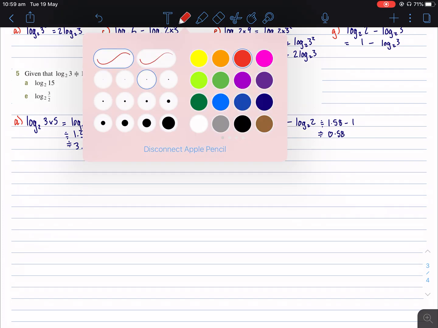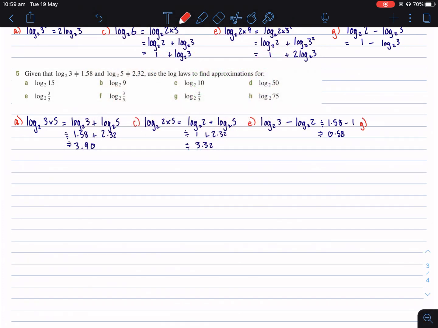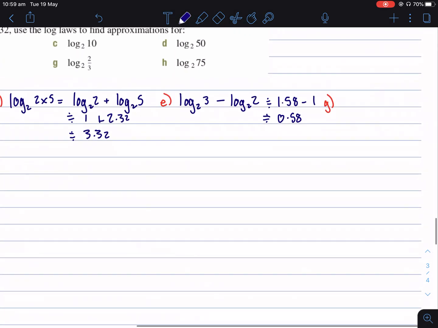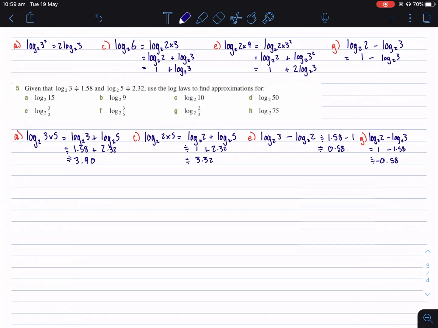And G I'm going to squeeze onto the same line. This time we've got 2/3, so it's literally E but the other way around. So this time we've got log base 2 of 2 minus log base 2 of 3, so it's 1 minus 1.58, so it's negative 0.58. That's it.